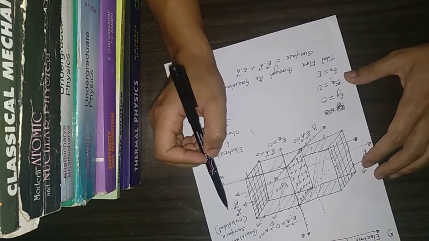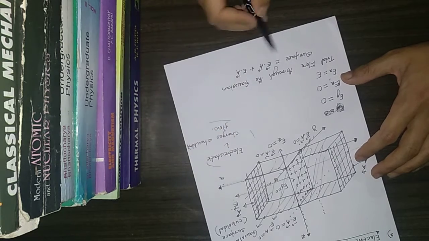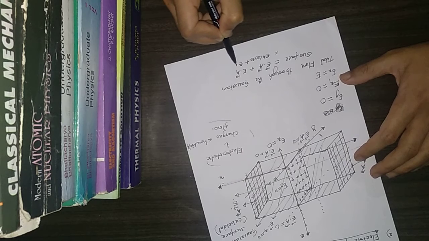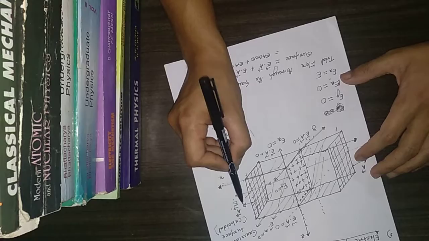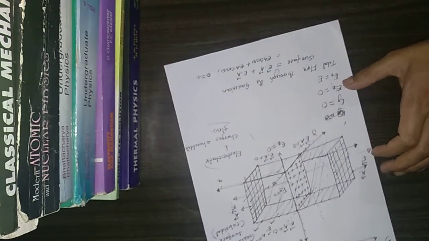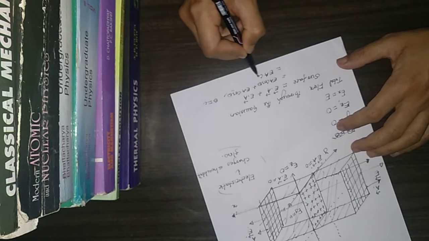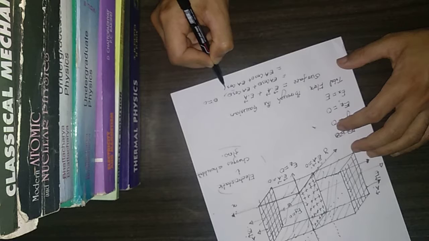As you can see, the direction of E and A is the same. That means EA cos theta plus EA cos theta, and theta is 0 for both cases because E and A have the same directions. That means cos 0 will be 1. So EA cos 0 plus EA cos 0.